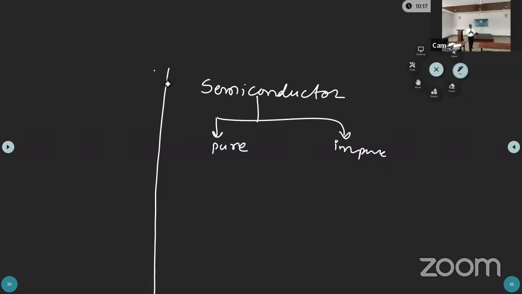In 1952, the IC technology was introduced. In 1957, the IC technology was patented.